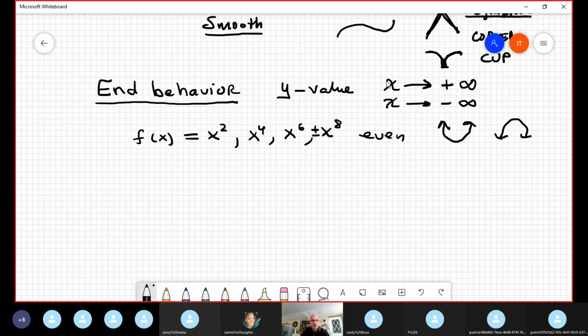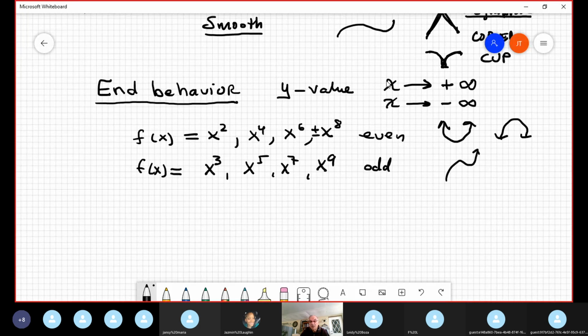However, the end behavior when the exponent is an odd number, cubic, 3 power, 7 power, 9 power, is different. It's like that. It depends if the coefficient is positive. If the coefficient is positive, it's like that. If the coefficient is negative, it's like that.